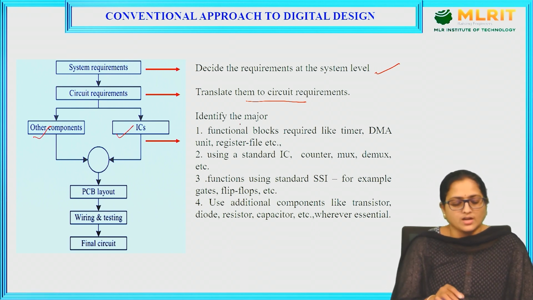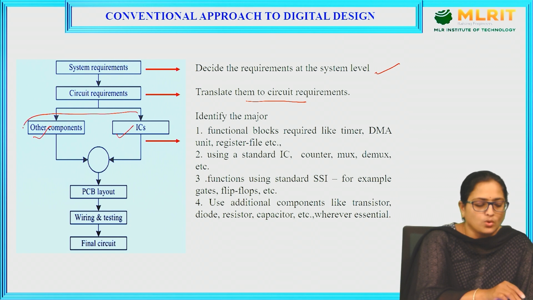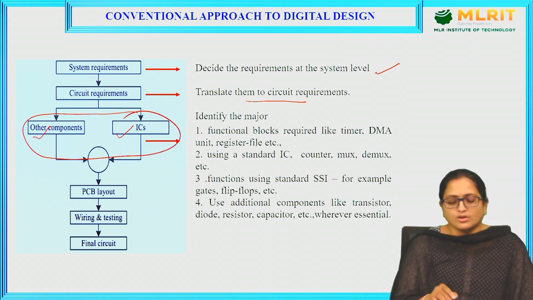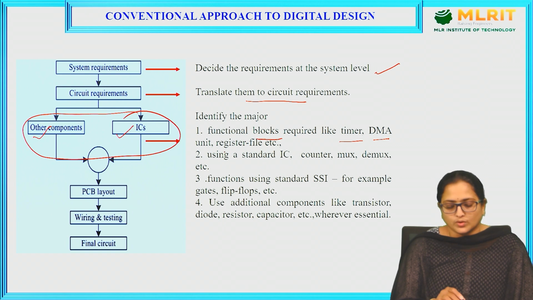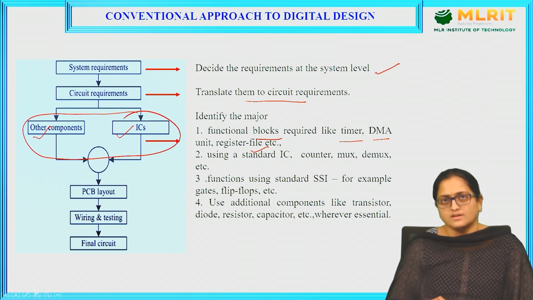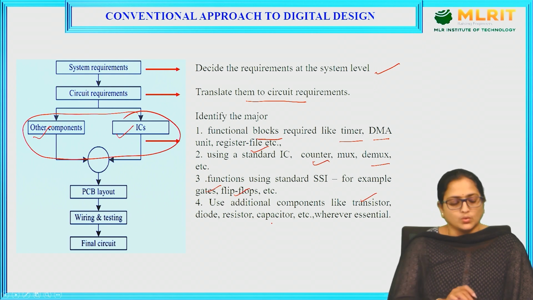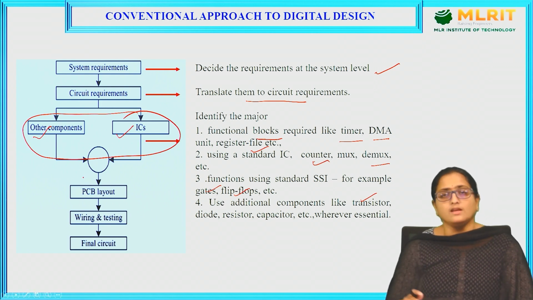The major ones are functional blocks like timers, DMA units and register files, or ICs like counters, multiplexers, demultiplexers, etc. or some SSI, that is small scale integrated circuits, for example gates, flip-flops, or maybe some transistors, diodes, resistors, capacitor components can be used in this part to design a circuit.